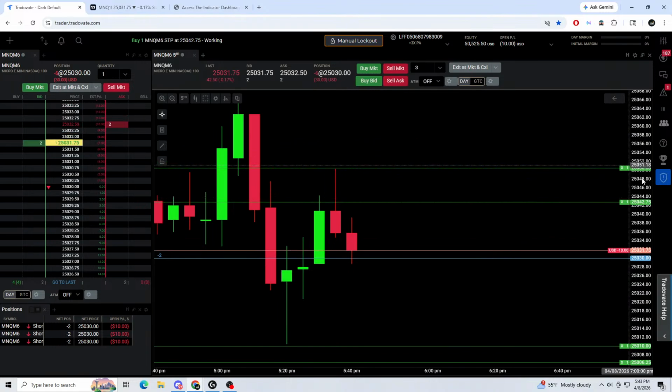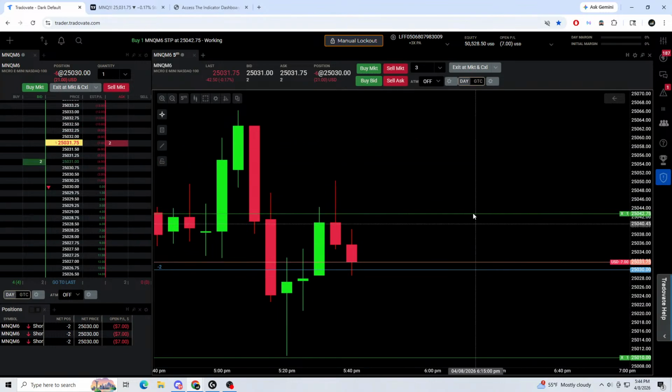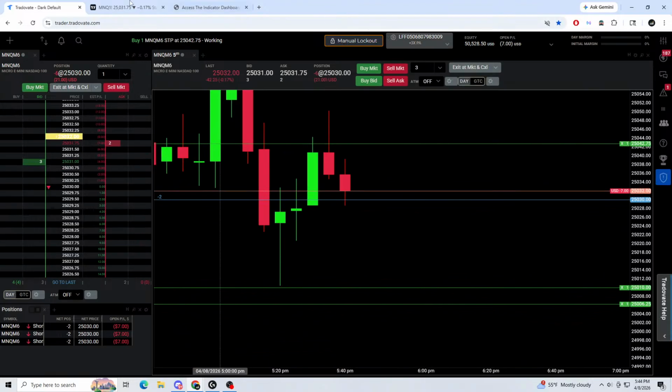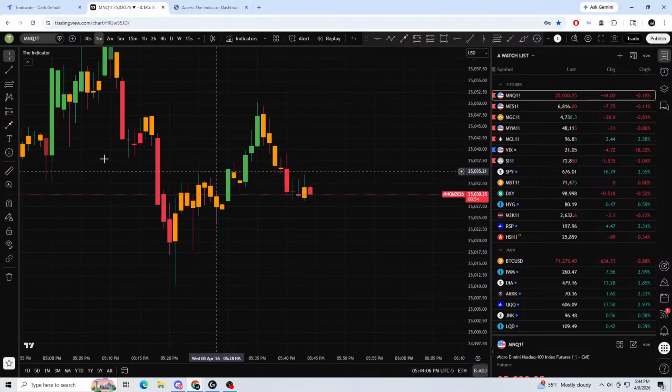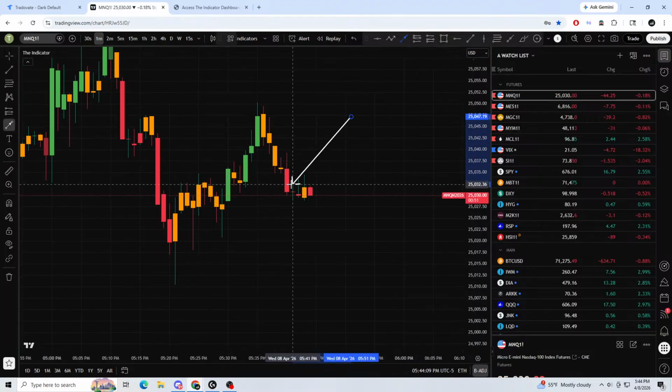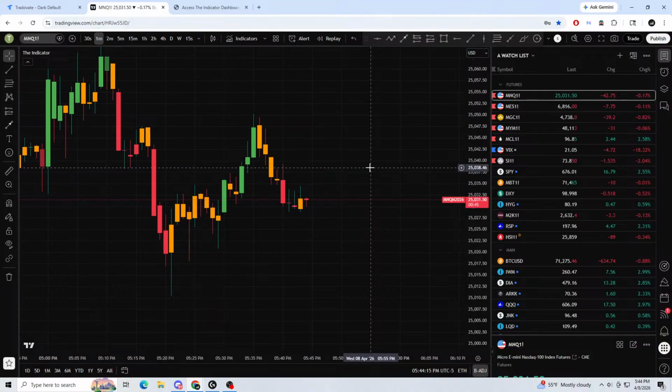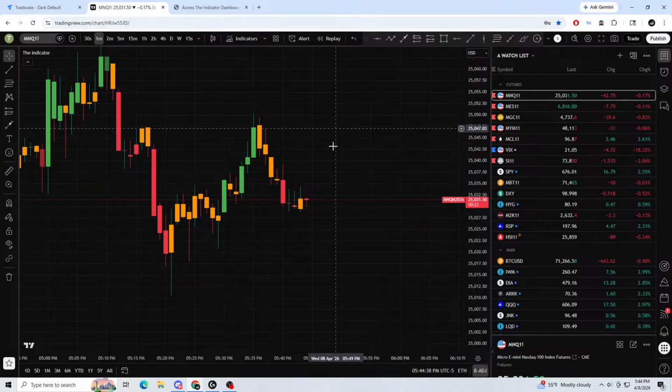I want to remove some risk here because we're in this pretty awkward situation where we are showing weakness, but we're not really going down right now. Markets are moving pretty slow tonight, which I guess makes sense.